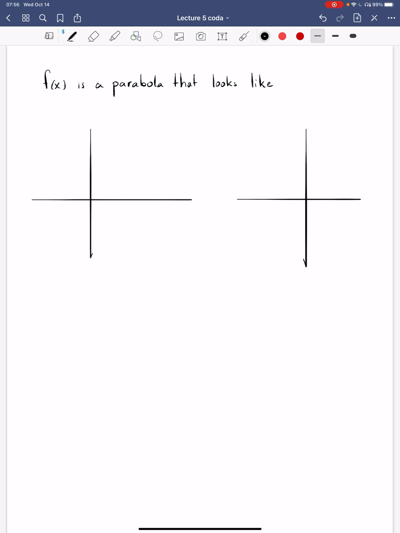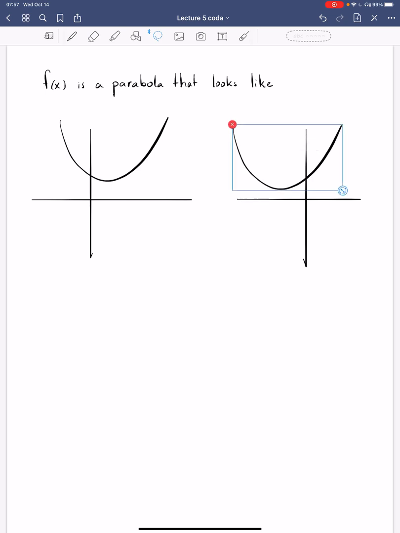It either looks like this, a parabola that lies strictly above the horizontal x-axis, or it looks like this, a parabola that is tangent to the x-axis at one point.